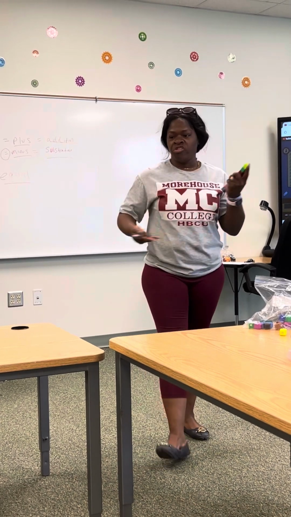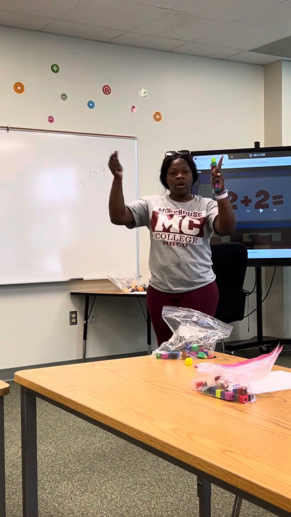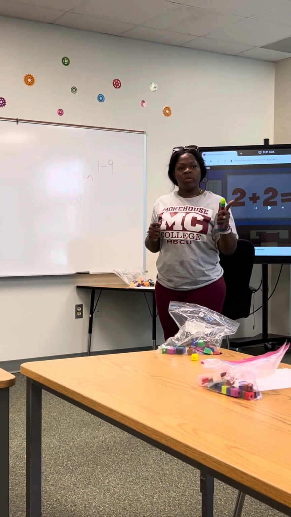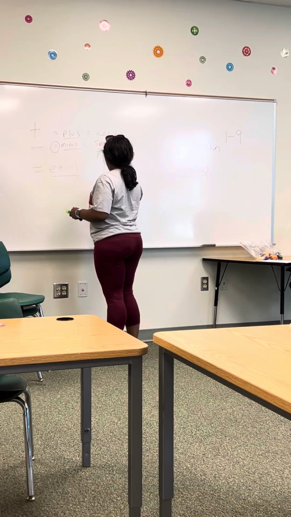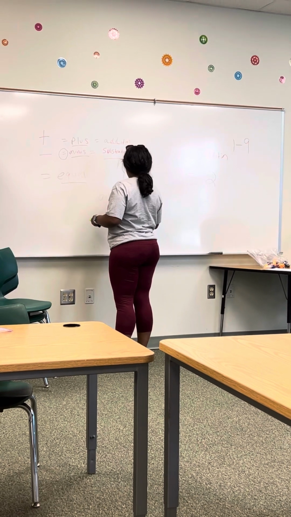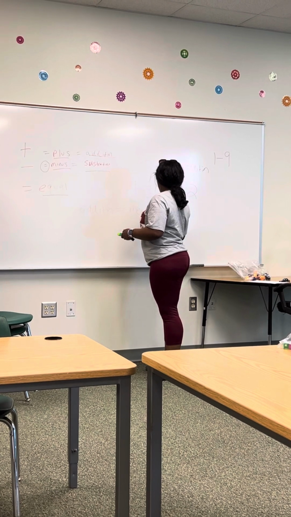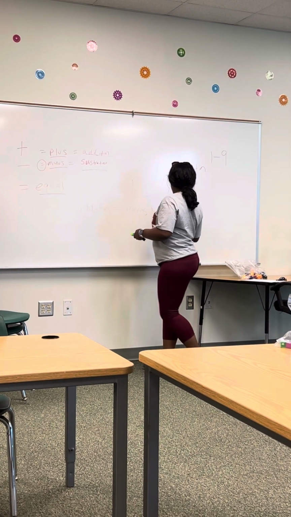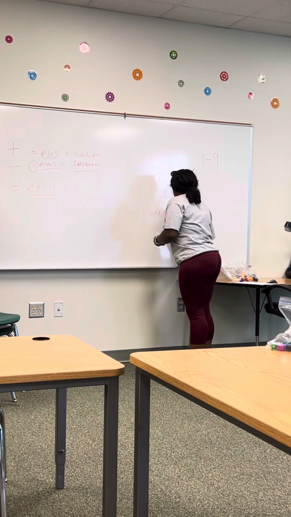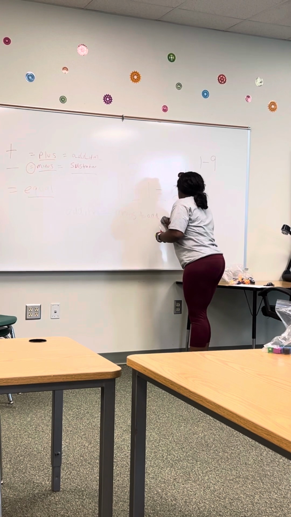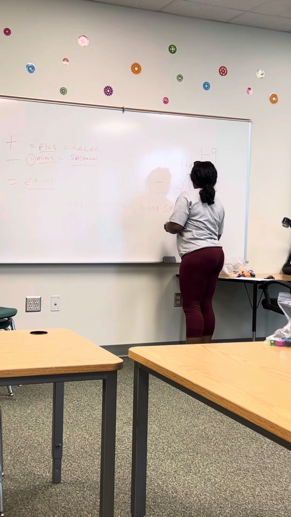The strategy I want us to be able to get: when we see 1 and 1, we automatically know 1 and 1 equals 2. And I want you to be able to remember, okay, the definition of addition. When you have addition, write this down. Addition means to add something together.